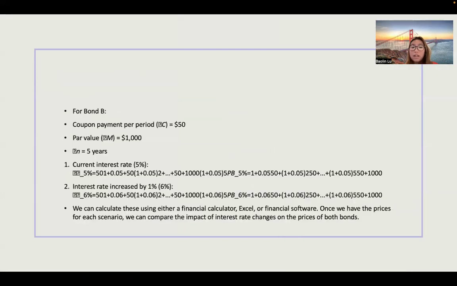For bond B, the coupon payment per period is also 50, the par value is also 1,000, but the maturity is at 5 years. The current interest rate at 5% is showing here, and the interest rate increased by 1% is here. We can calculate these using a financial calculator or Excel. Once we have the price for each scenario, we can compare the impact of the interest rate changes on the price of both bonds.